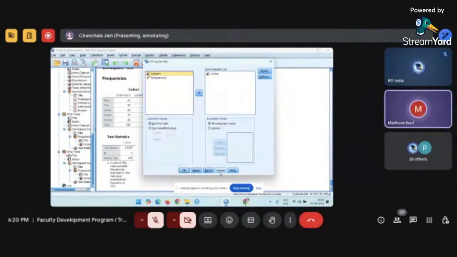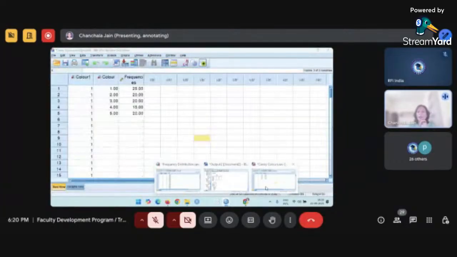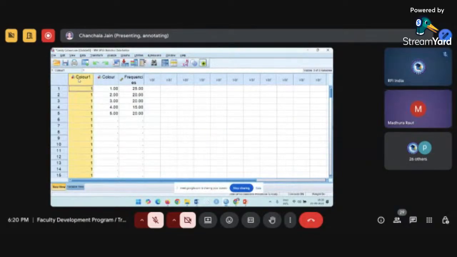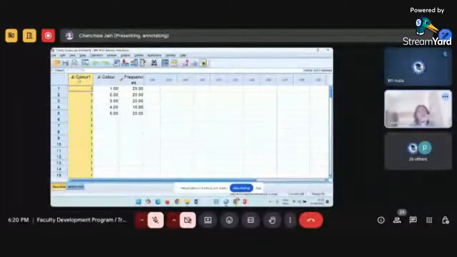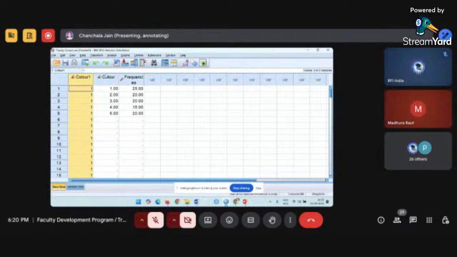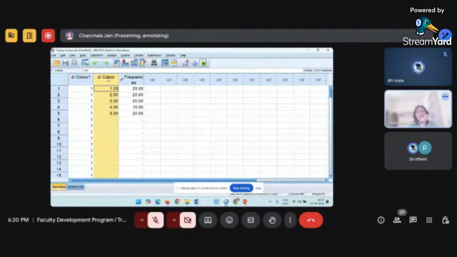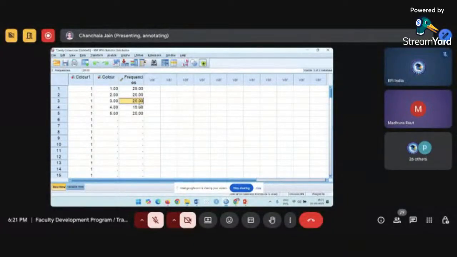I have shown you the data; color one was different. Here we have the individual variables' values, so we'll go with the color this time. Got the same output?